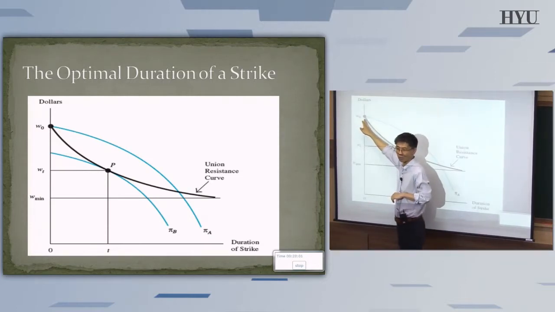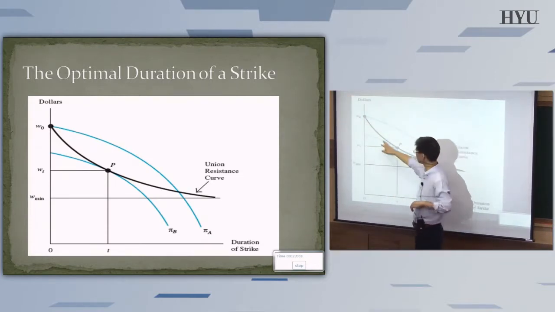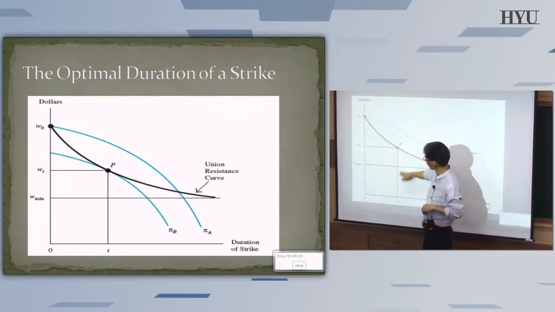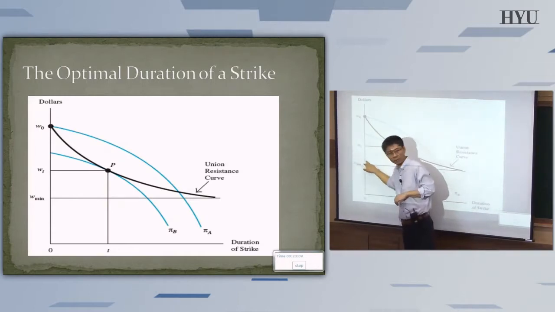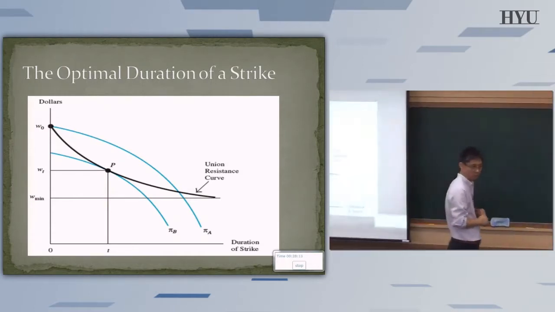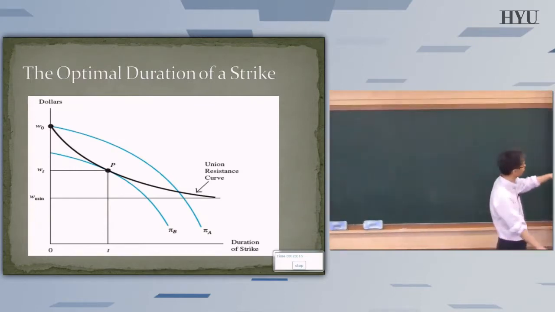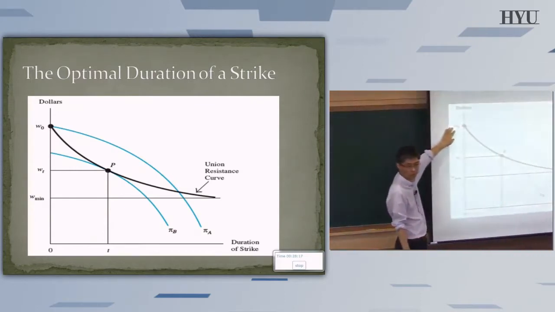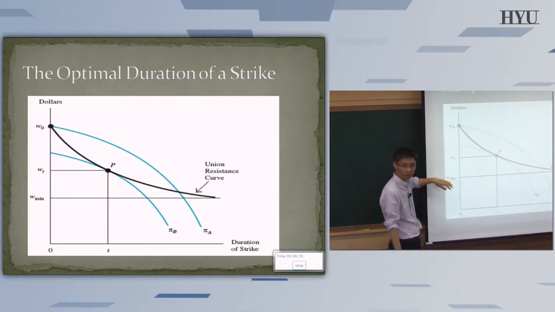As time goes on, they will lower the demand, and the minimum wage demand they would make is W min. It could be like 10%, or it could be like 2%.